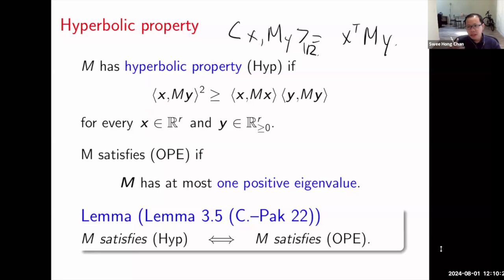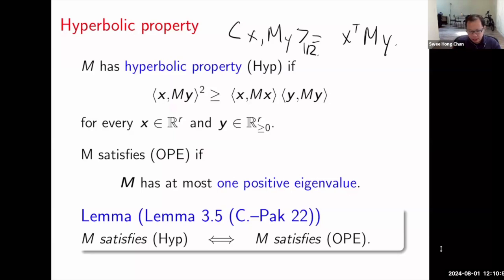And this property actually has a dual form, a spectral property, which is that this property is equivalent to saying that M has at most 1 positive eigenvalue. Now notice that if your matrix is non-negative, by Perron-Frobenius, it has at least 1 positive eigenvalue.